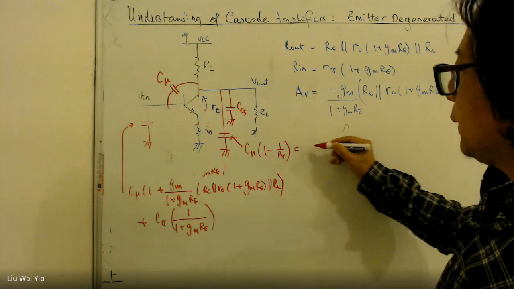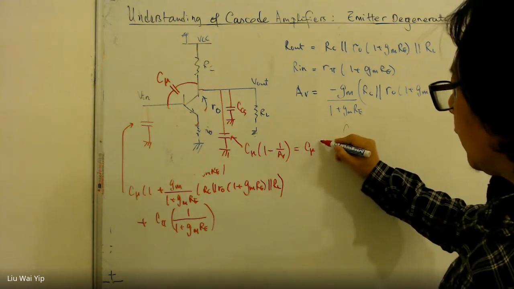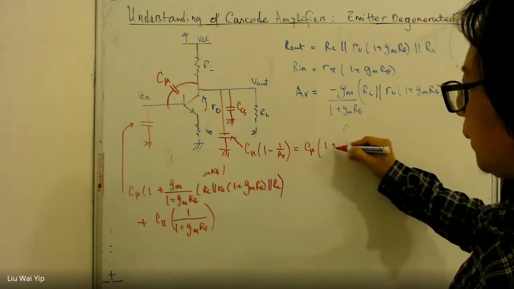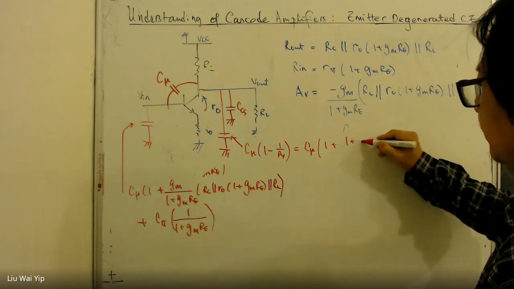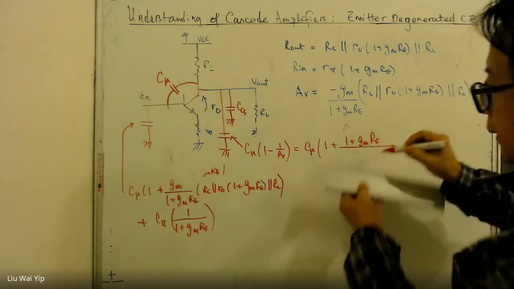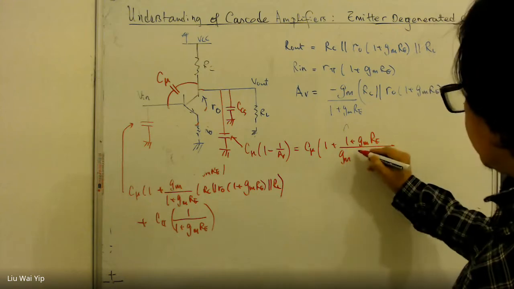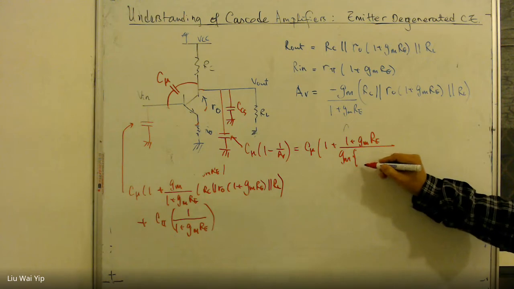And we can say C mu is equal to 1 plus, like what we have here, g_m R_E, and then divided by, we just flip it, g_m, and then the chunk of output resistance.